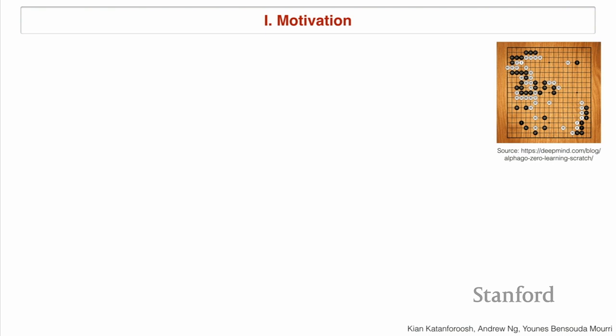This is a board of Go, and the picture comes from DeepMind's blog. You can think of Go as a strategy game where you have a grid that is up to 19 by 19, and you have two players. One player has white stones and one player has black stones. At every step in the game, you can position a stone on the board, on one of the grid crosses.